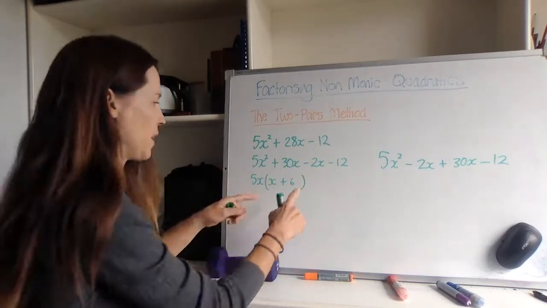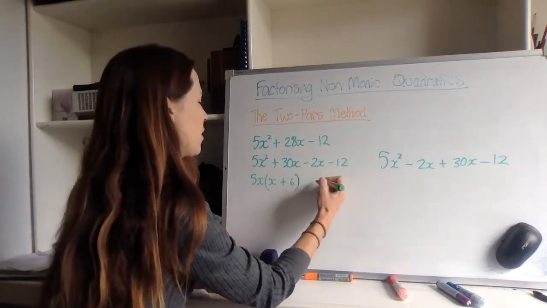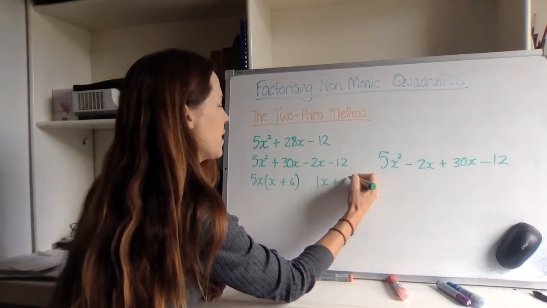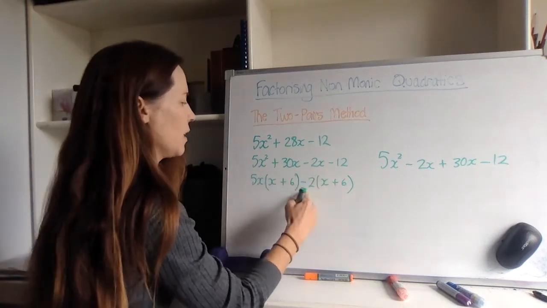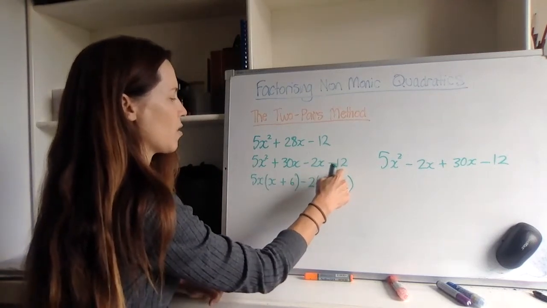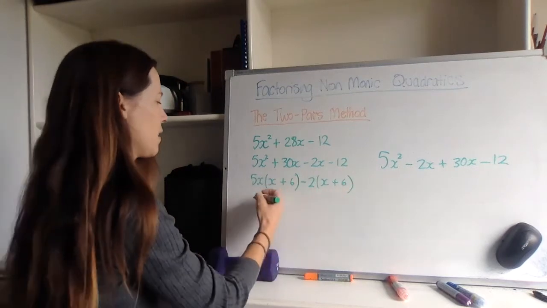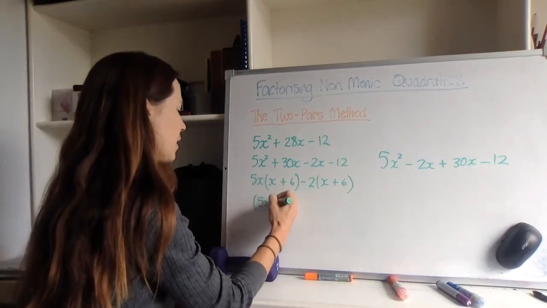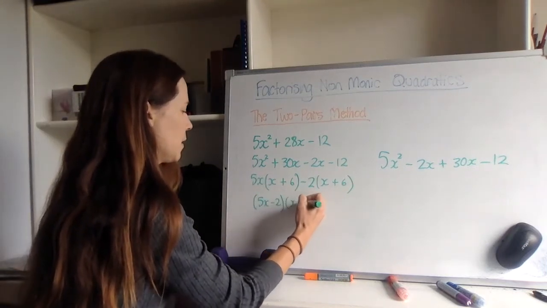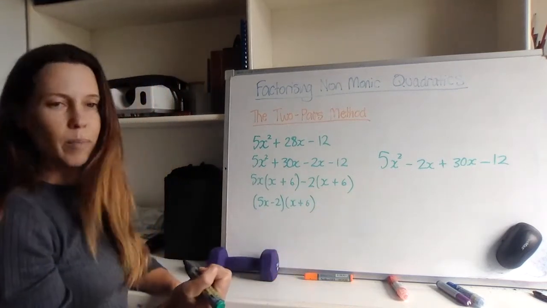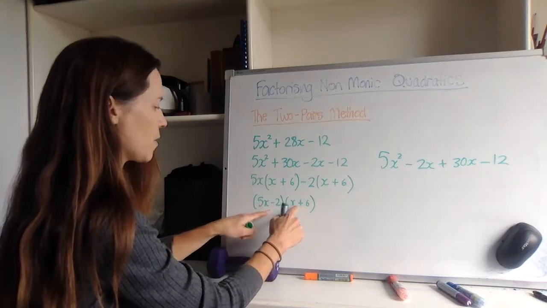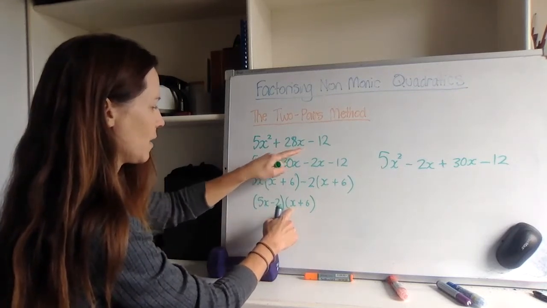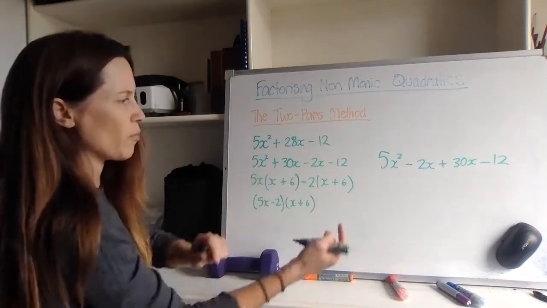Now, those are my apples, remember, as I say, so I can almost draw up my x plus 6 here, and then think, well, to get minus 2x, I need a minus 2 here, and just double check that that does give me minus 12. So now those are my apples. I've got 5x minus 2 of them. And that's my answer. Double checking, 5x squared, 30x minus 2x is 28x, and negative 12 for my lasts.